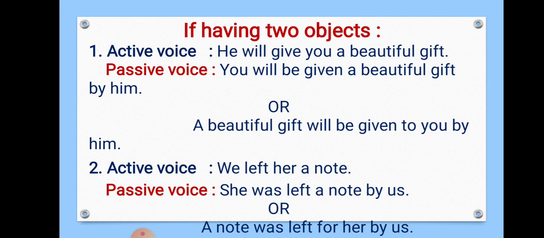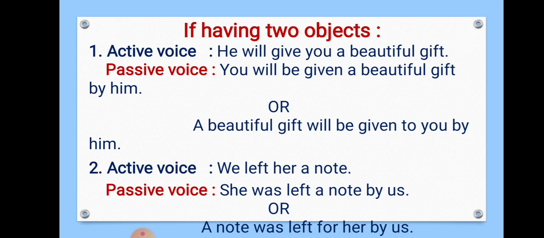If having two objects, there can be two objects in the sentence, direct object and indirect object. If you ask the question to the verb what, then you get the answer that is direct object. And when you ask the question whom, and if you get the answer, then that is the indirect object. For example, active voice: he will give you a beautiful gift.